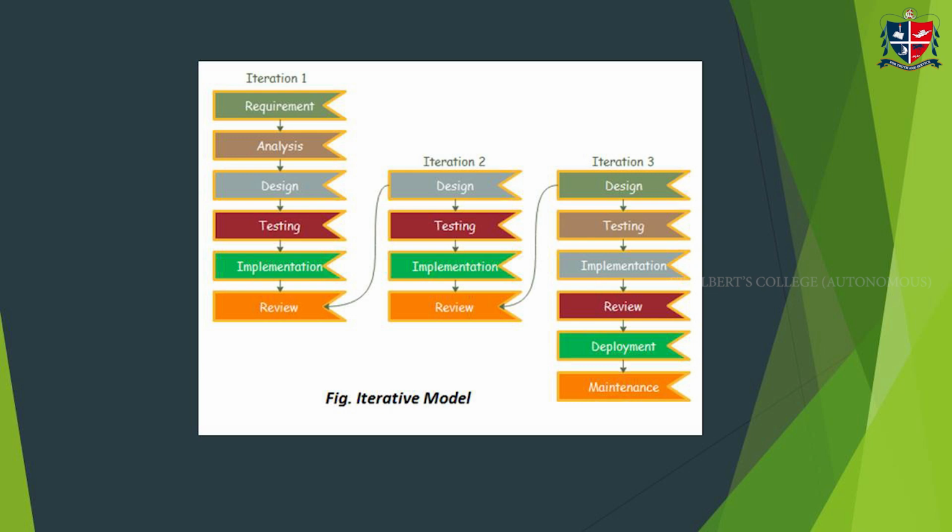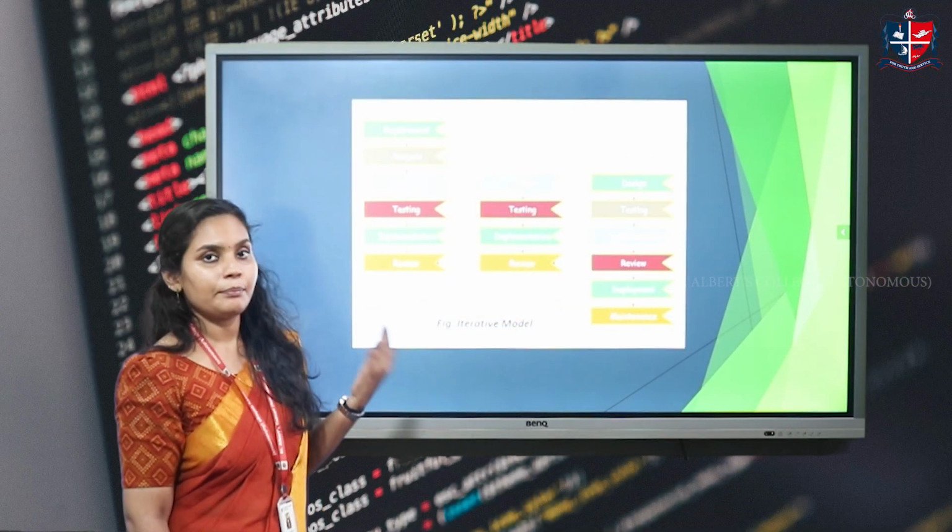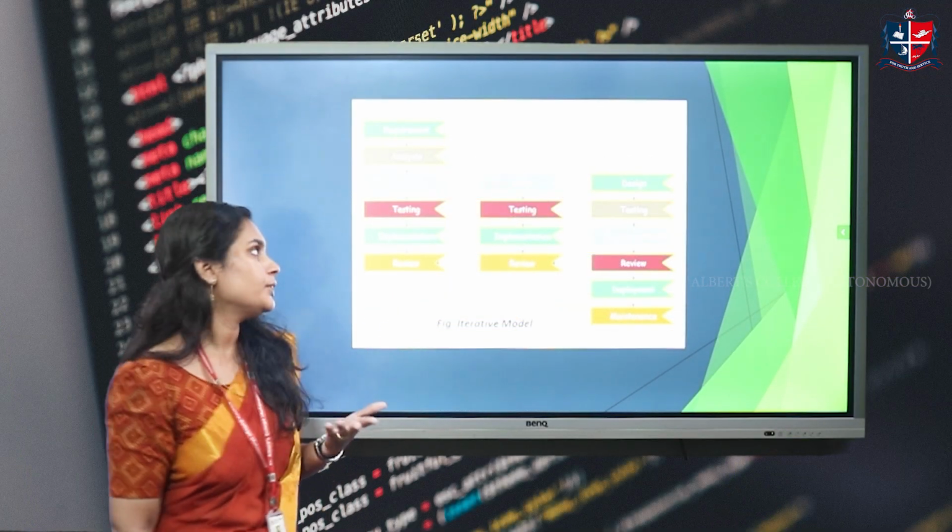In iteration 1, requirement analysis, design, testing, implementation and review. And in the next iteration, the stages are design, testing, implementation, review. No need to analyze the requirements. It will update the particular design based on the new needs.